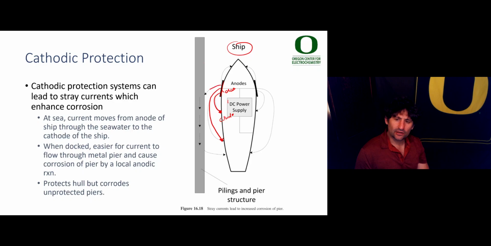Now, instead of that current going purely through the electrolyte, because metal's so conductive, the current will actually flow through the pier itself, driving, again, a reduction reaction here and an oxidation reaction here. And so what will happen is actually a ship who has a system on it to protect it from corrosion can actually drive corrosion in the metal pier, which is, I thought, very interesting, by forcing current through the metal of the pier based on a cathodic protection system.